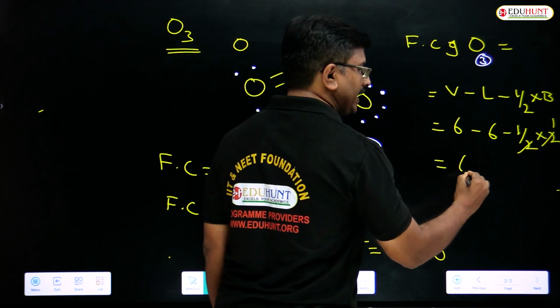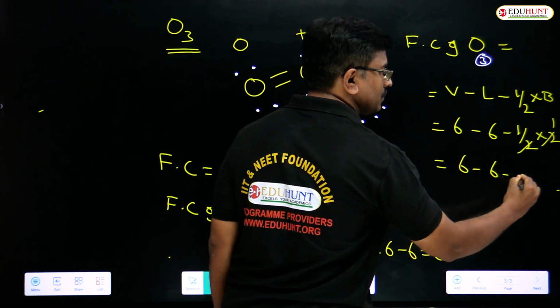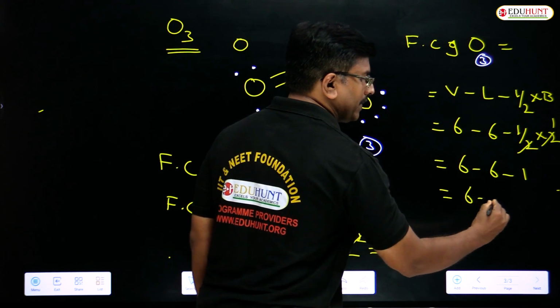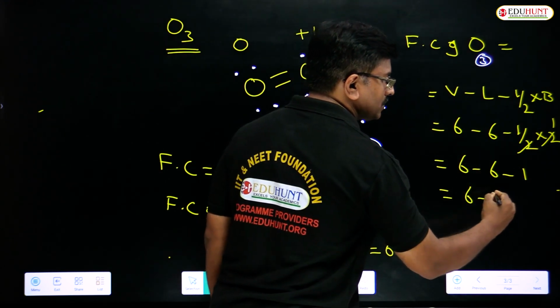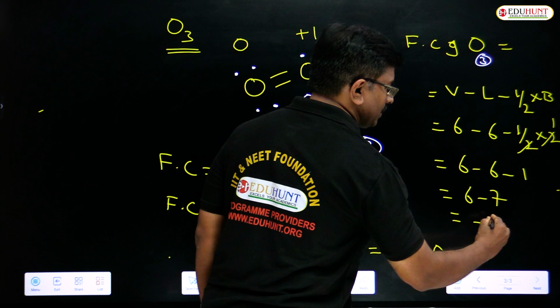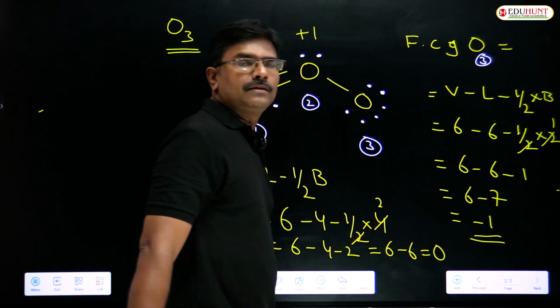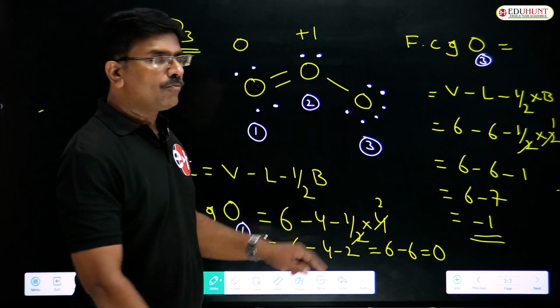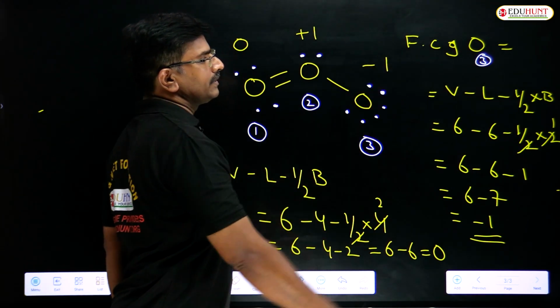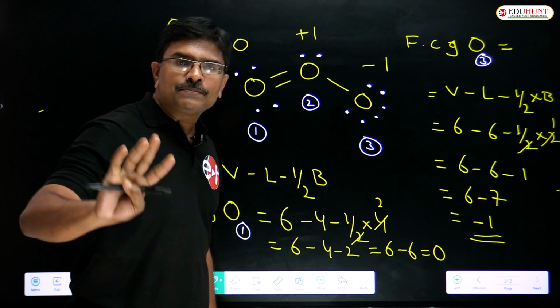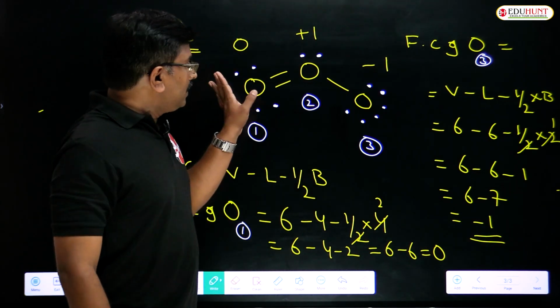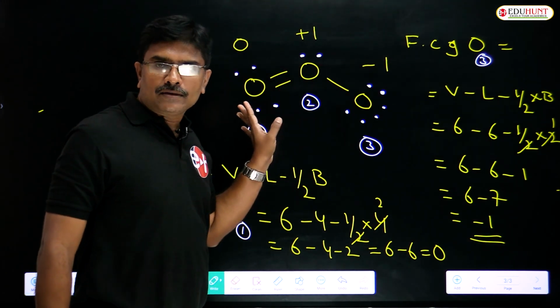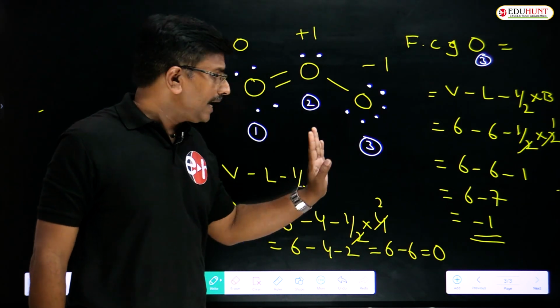So this becomes 6 minus 6 minus 1, 6 minus 7, that is equal to minus 1. So the formal charge developed on the third oxygen is how much? Minus 1.